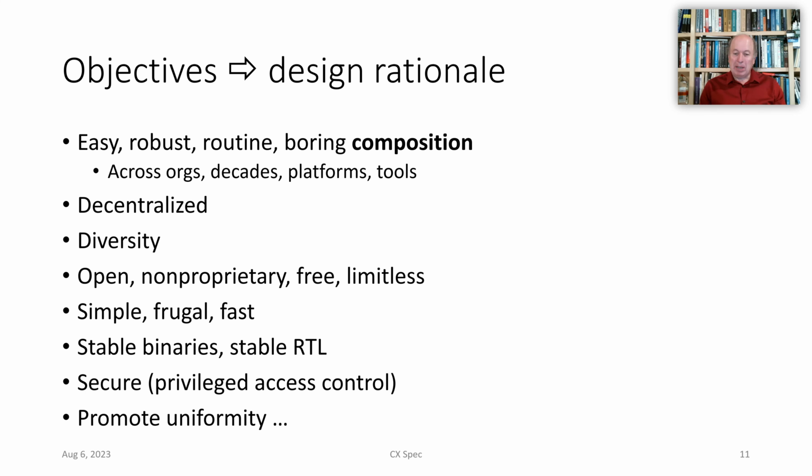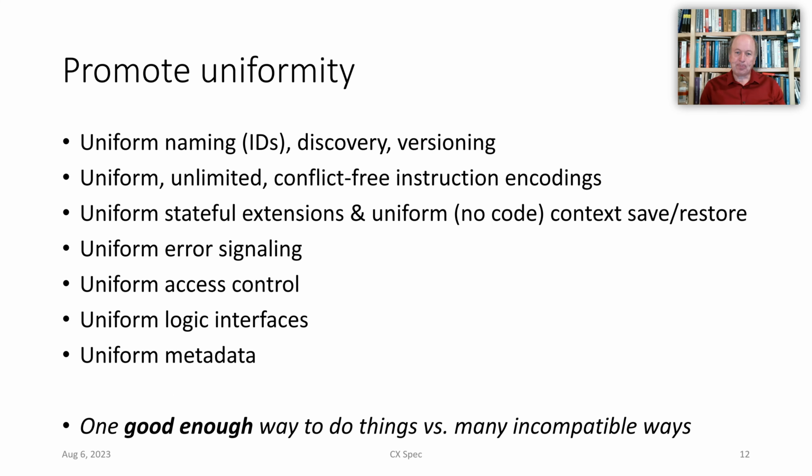Now, with the big focus on security, we felt we needed to at least provide operating system access control to grant or deny access to composable extensions and their state. And finally, we wished to promote uniformity across extensions.